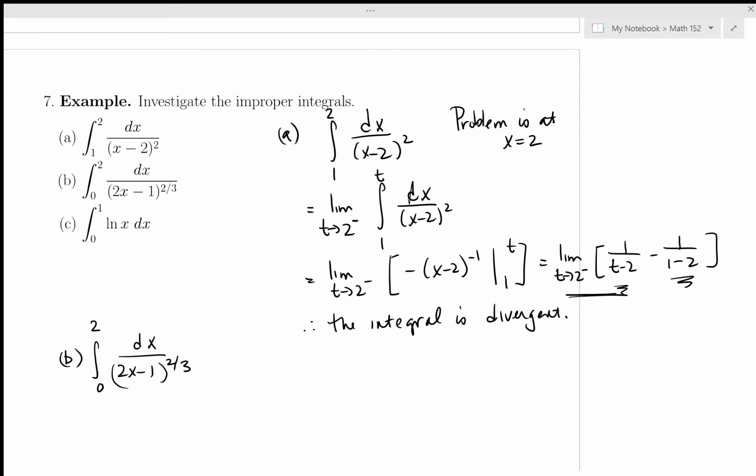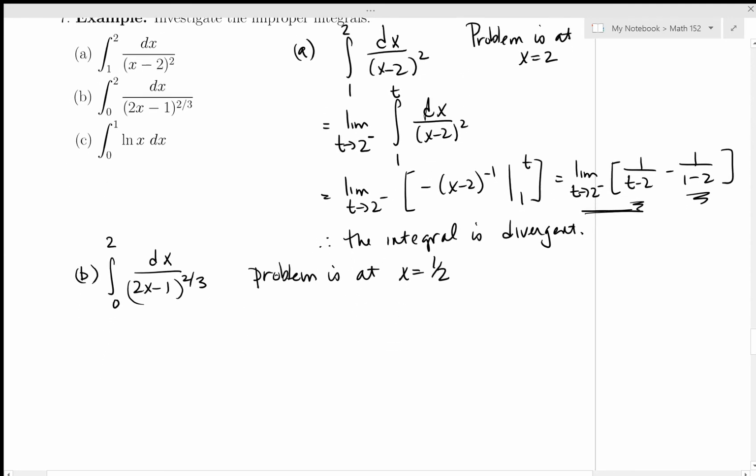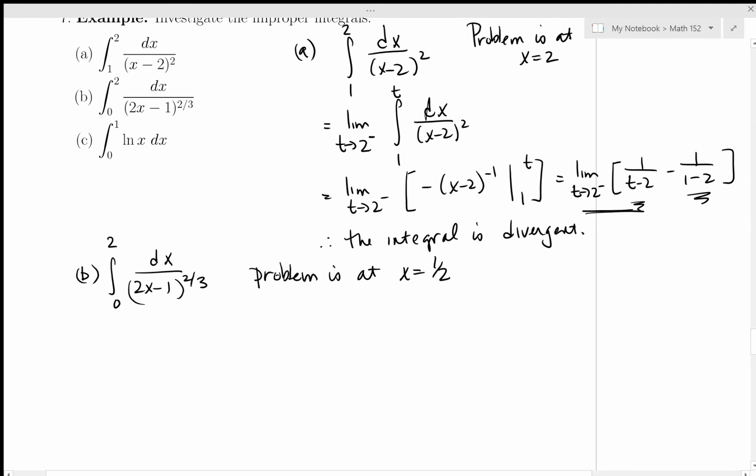And yes, there's a problem here. It's at x equals 1/2. So we must split the integral at 1/2 and deal with them separately, and they both must independently converge. Okay, so what we're going to do here is write this like this.